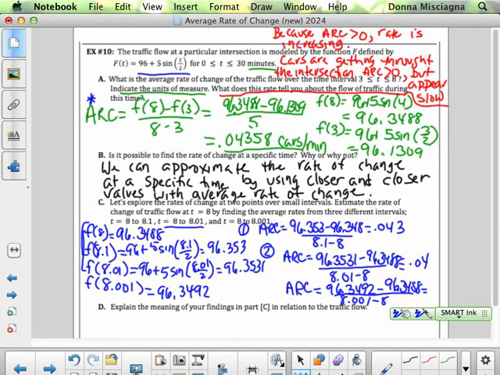Somebody else plug this in. Let's just check this number here: 96.3492 minus 96.3488. My problem is I'm not getting 96.3492. You guys gave it to me. The number that I have is 96.3488. No, I don't think they're the same.